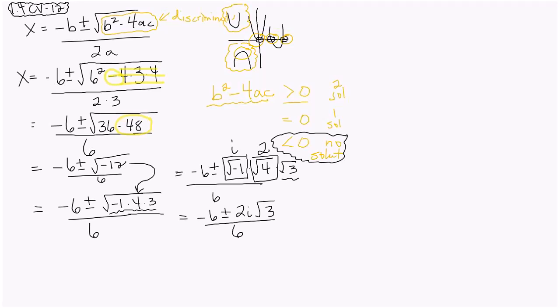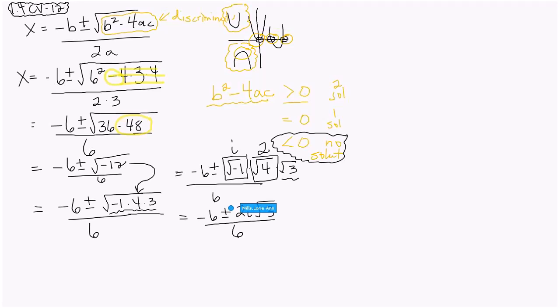So it looks like I've almost got it simplified. The biggest thing here was going from square root of negative 12 to 2i square root 3. That's a big leap, and this is something that we did in Math 1046, so it's kind of nice because now you get to practice that skill again.